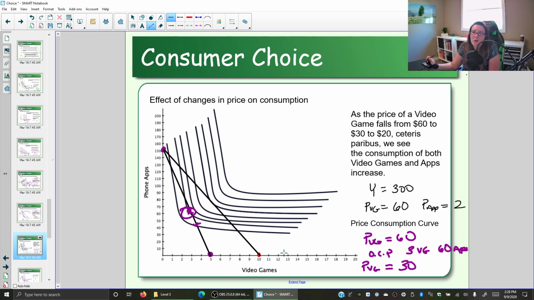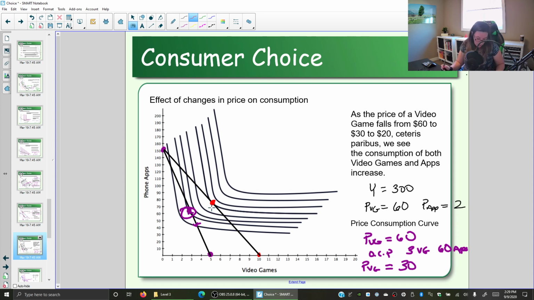And let's find our new optimal consumption point. So again, we want to maximize the benefit given our costs and constraints. The happiest we can be is when the extra value to us is equal to the extra cost. If the extra value was more, we'd keep getting more. So we're stopping when they're equal, and we see that where these two lines are tangent, the opportunity cost equals the marginal rate of substitution.